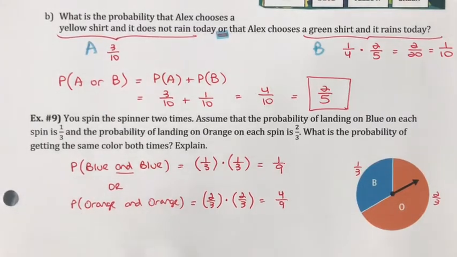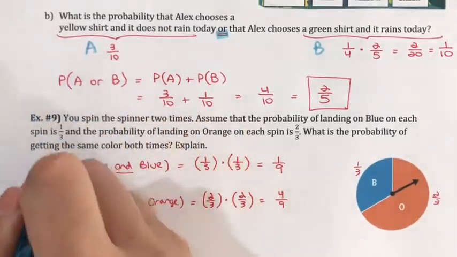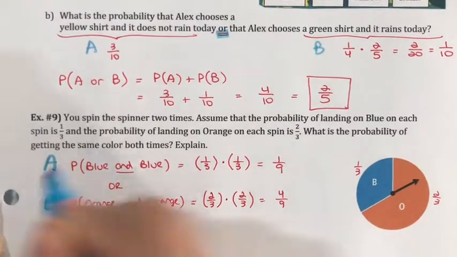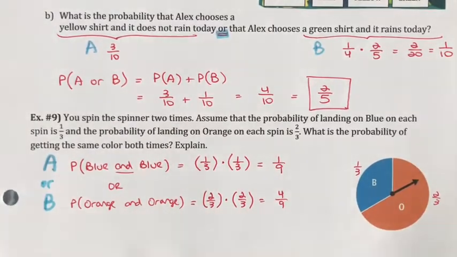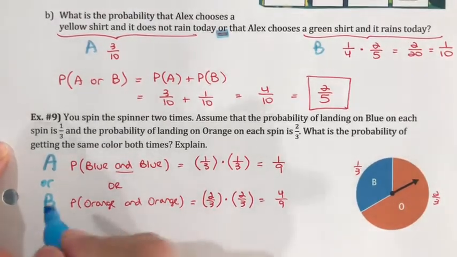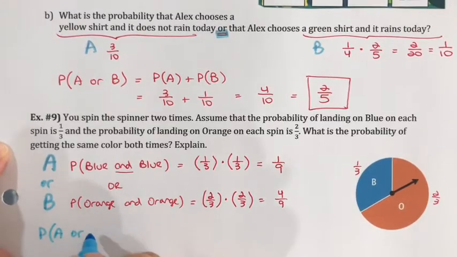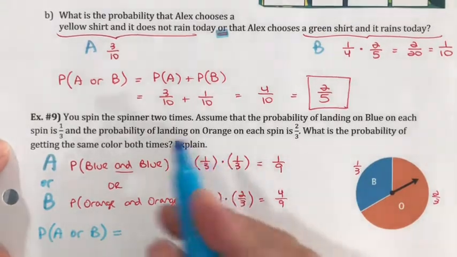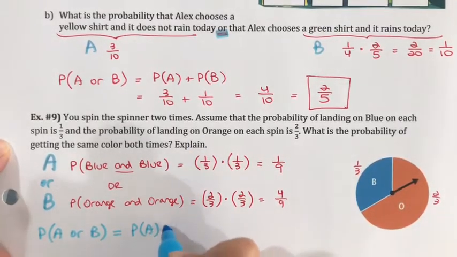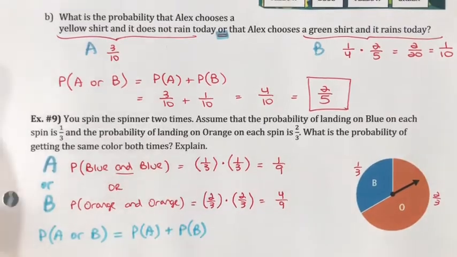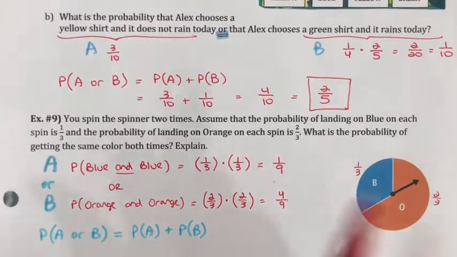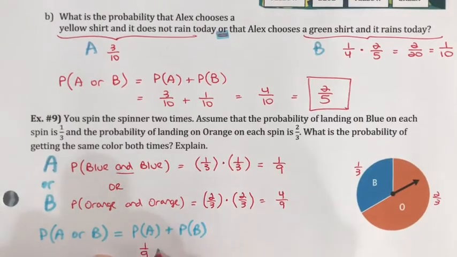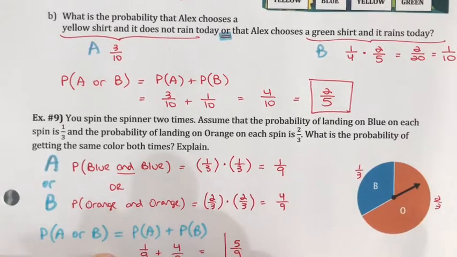Consider this event A, consider this event B. We want the probability of A or B. Again, from earlier in our section, we do the probability of A plus the probability of B. So I take these 2 fractions, 1/9 plus 4/9, and that equals 5/9.